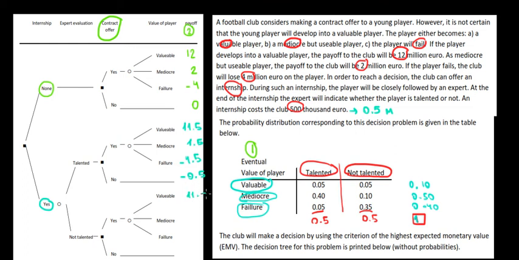So 11.5, which is the difference between the 12 and the 500,000 for the internship. And the same numbers apply to the mediocre player, and to the failure, minus 4.5. And if we don't give him a contract, then we only spend money on the internship, which is half a million. Now, that was the second step.